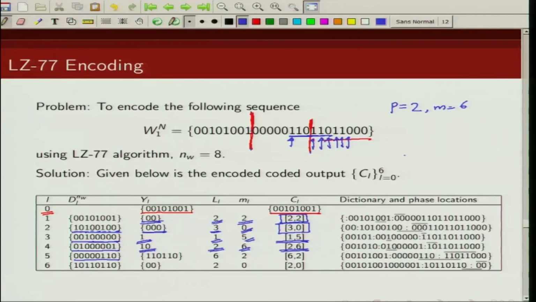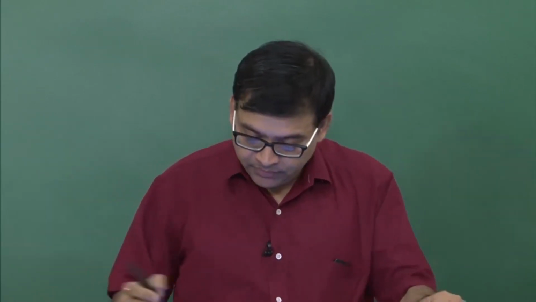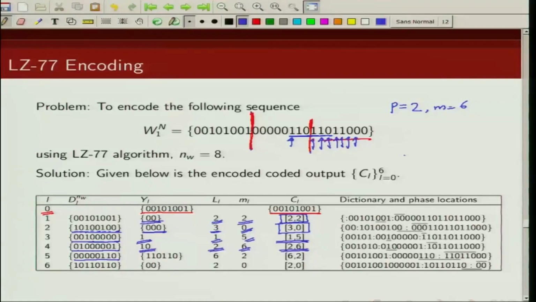Please note the match has to start inside the dictionary, but it can go beyond. What about 1 1 0 1 1 0 0 0? That is not there. So the maximum match that we are getting here is 1 1 0 1 1 0.